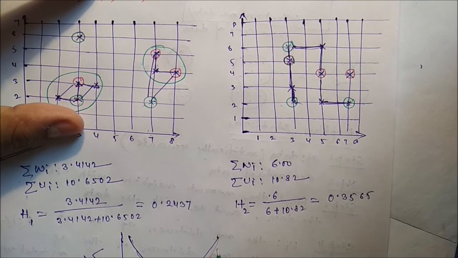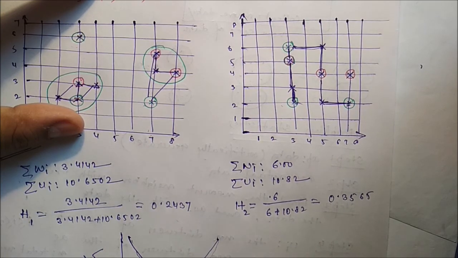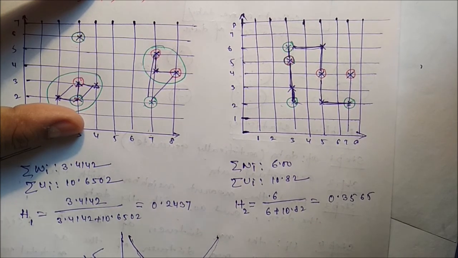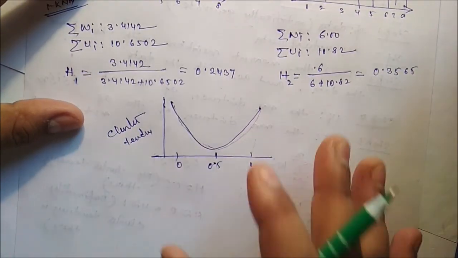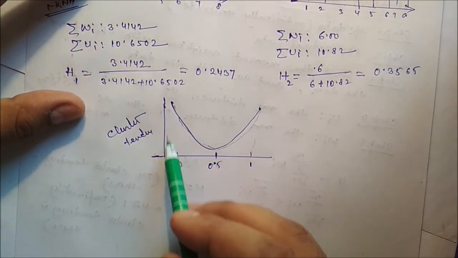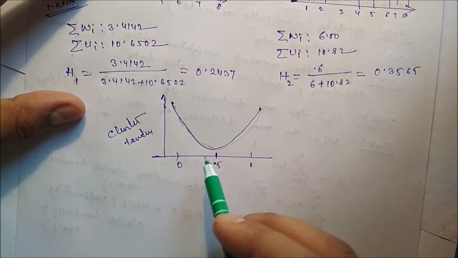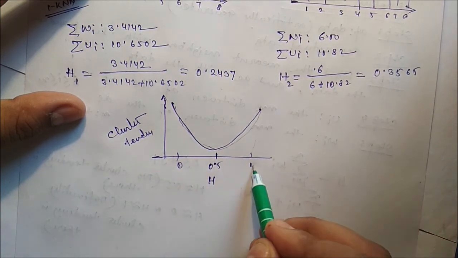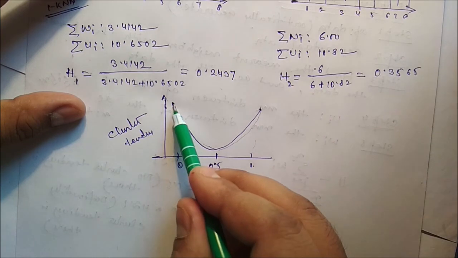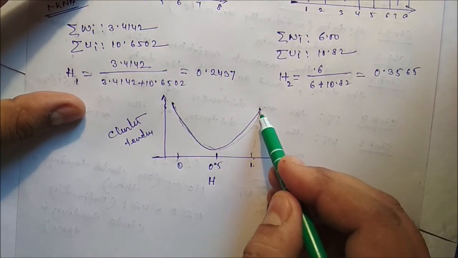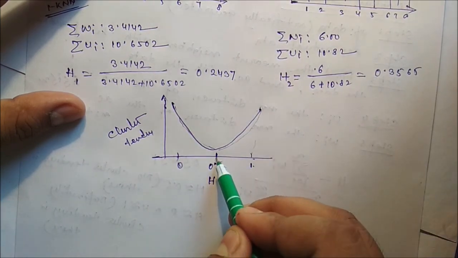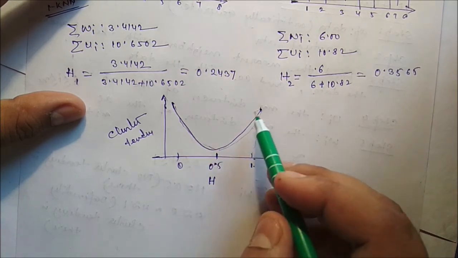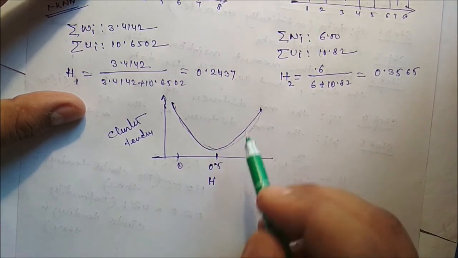If the value is near 0.5, that means there is no clustering tendency. The value of H is between 0 and 1. If it is near 0, clustering tendency is high. If it is near 1, clustering tendency is very high. And if it is near 0.5, the clustering tendency is random, there is no clustering tendency.